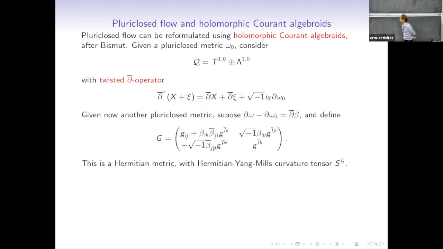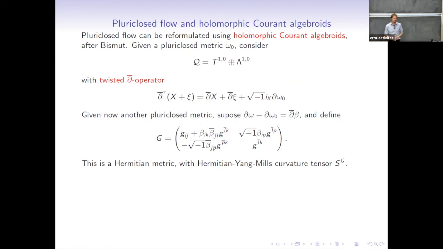So now I want to fix another one. This omega naught I fix as a background Pluriclosed metric. That's defined as a D bar operator. But now I want to fix another one where the torsion class is the same. So del omega minus del omega naught is D bar of a 2-0 form beta. And then I define this Hermitian metric on Q, which ought to look familiar.